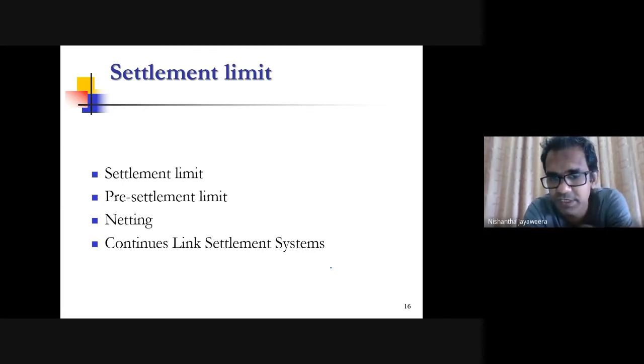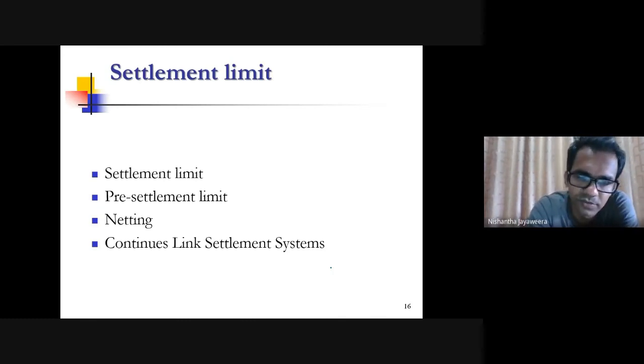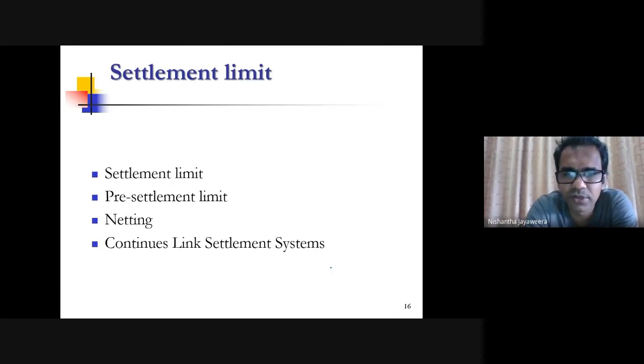That has to be specified, whether you measure the pre-settlement limit on the notional amount basis or the mark-to-market basis. If you measure it on the mark-to-market basis, the limit also would be low, but you have to be within that limit. And netting and continuous link settlement systems are also risk mitigating measures.